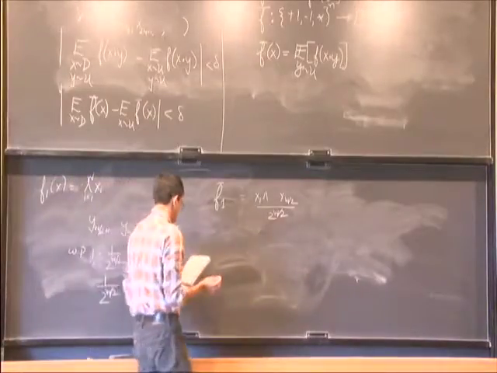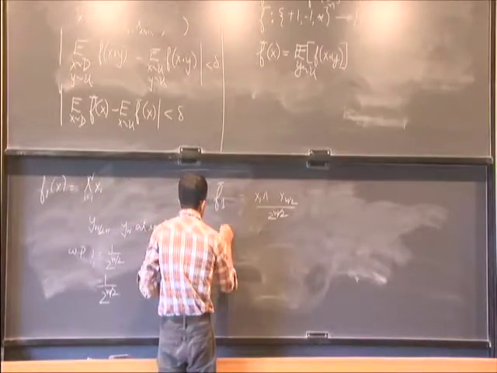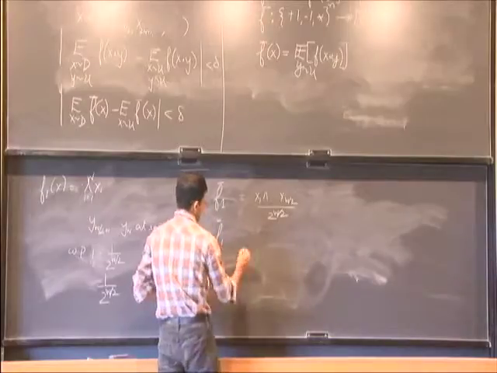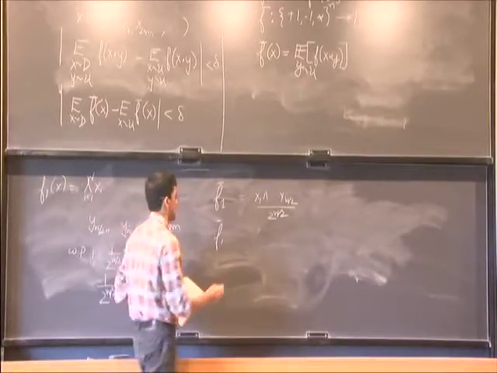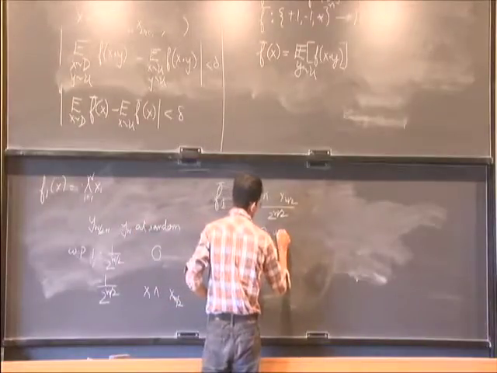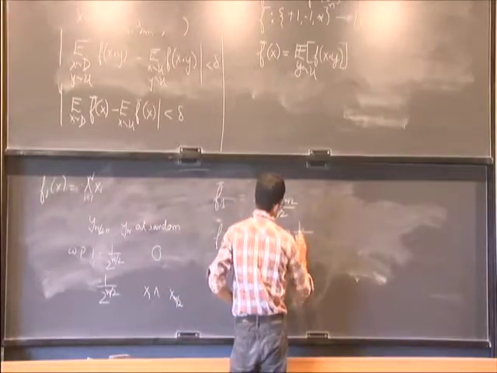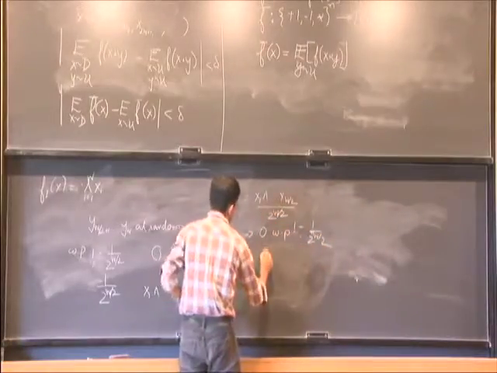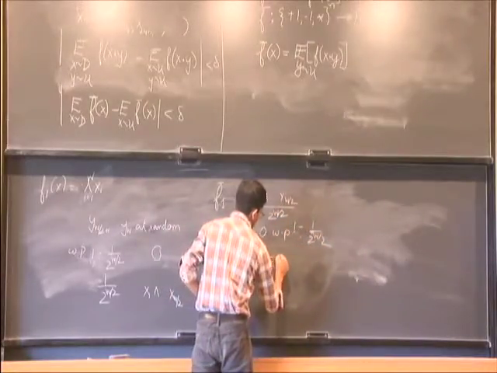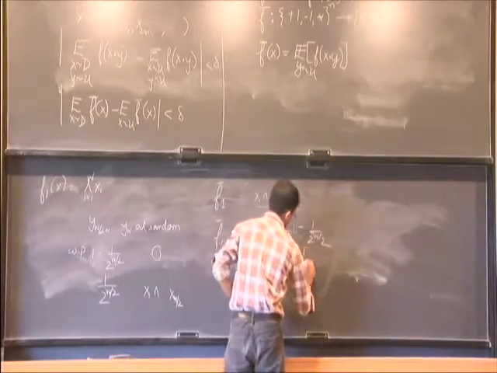So the distribution of f1 bar under the uniform distribution on x's: if you set x's uniformly at random, you'll get 0 with probability 1 minus 1 over 2 raised to w over 2, and you'll get 1 with probability 1 over 2 raised to w over 2.